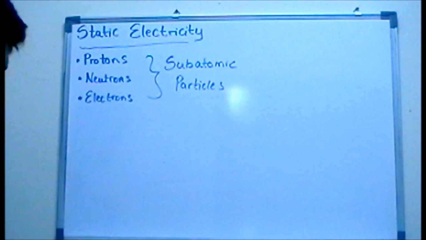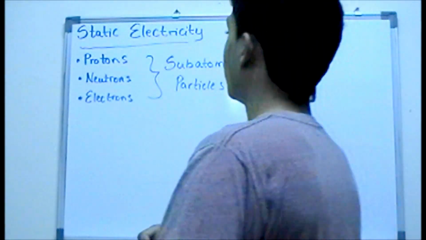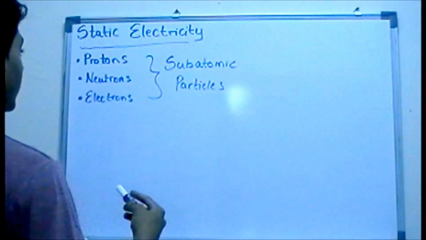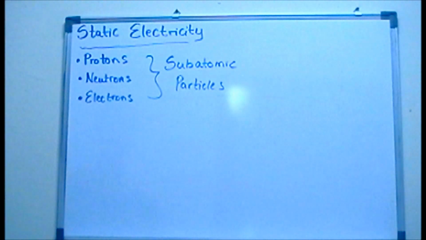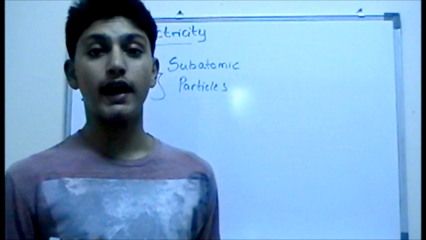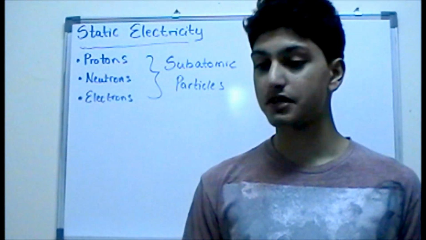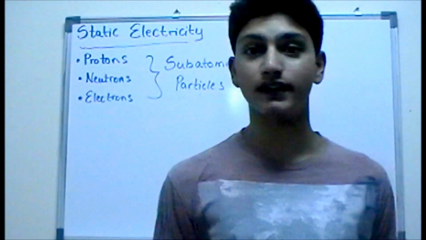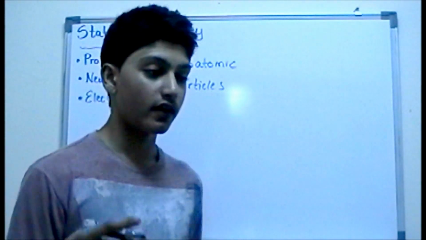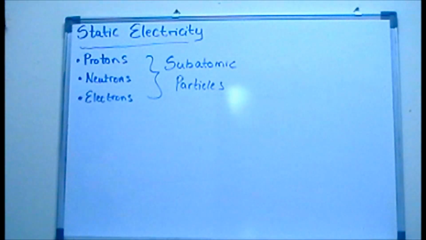Now let me tell you how the atom actually looks. This is used for basic understanding, and scientists nowadays have configured a more advanced model, but for understanding, I'm going to do it the way people used to.